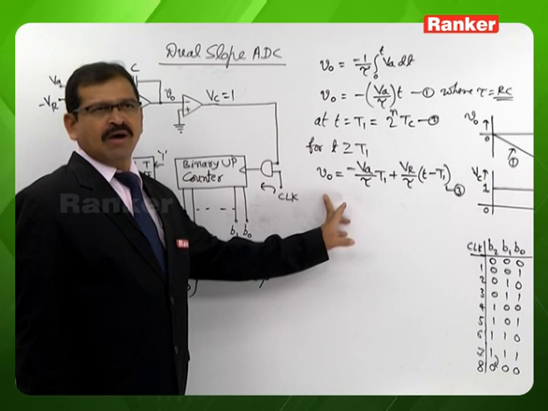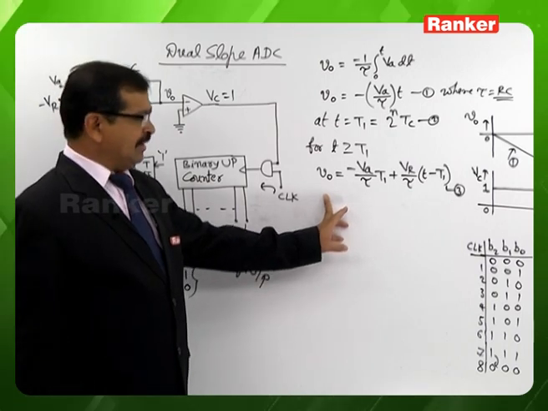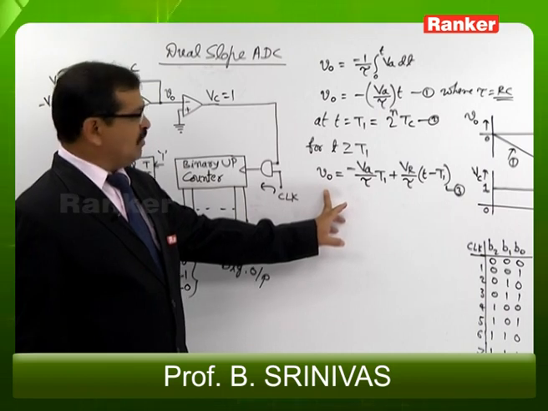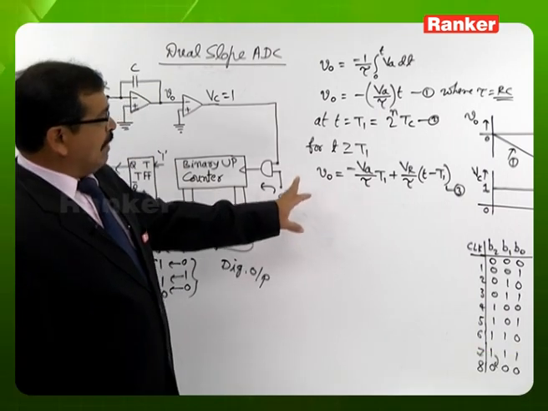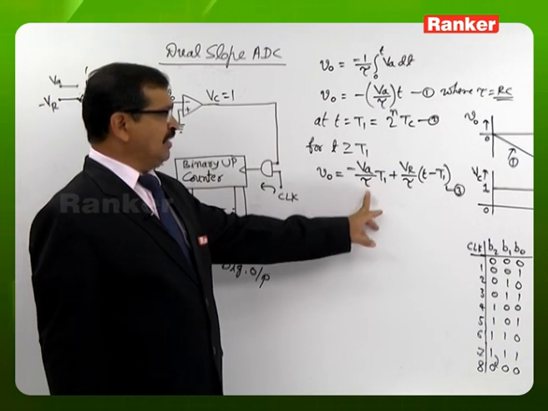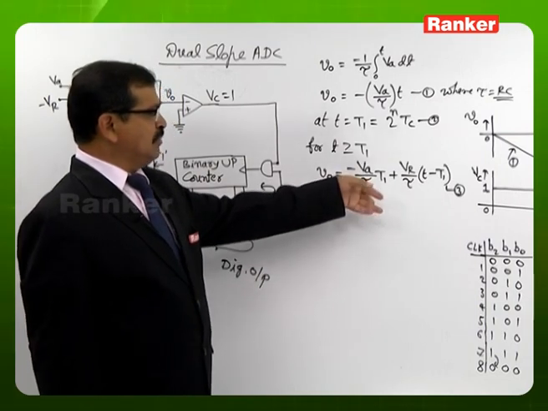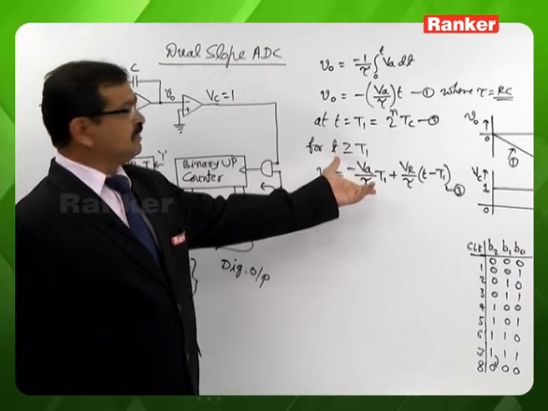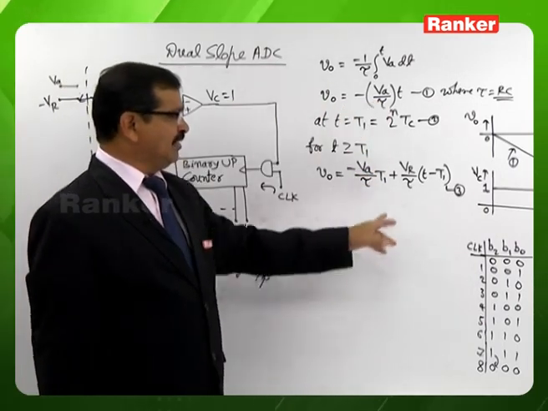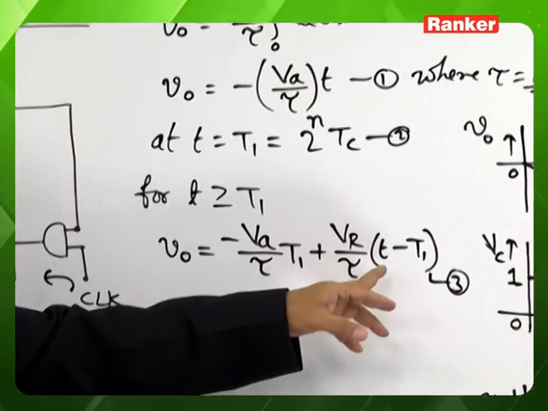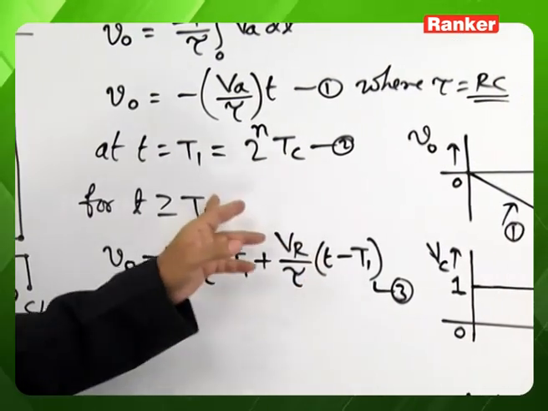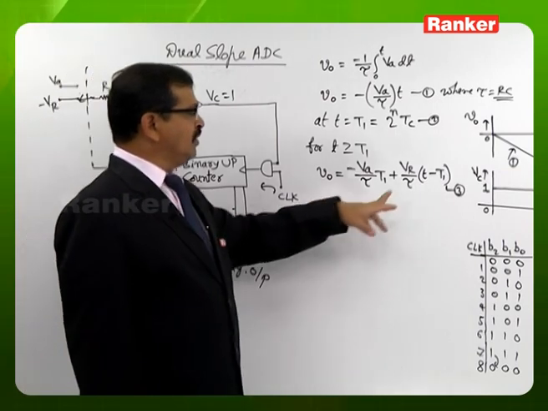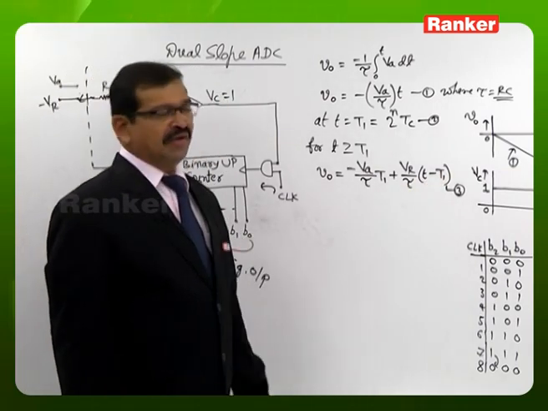In the form of coordinate geometry, it is y equals mx plus c, where c is the initial value. At t equal to T1, the initial value is minus VA by tau into T1. And for t greater than or equal to T1, the slope is plus VR by tau, giving VR by tau into (t minus T1).